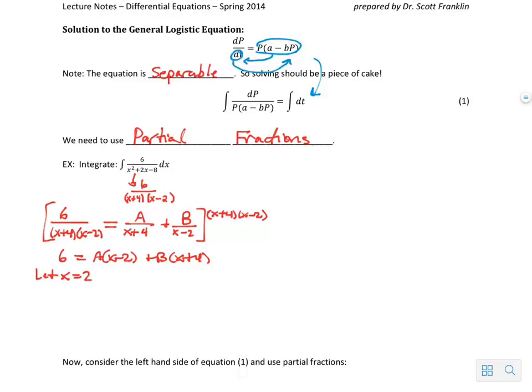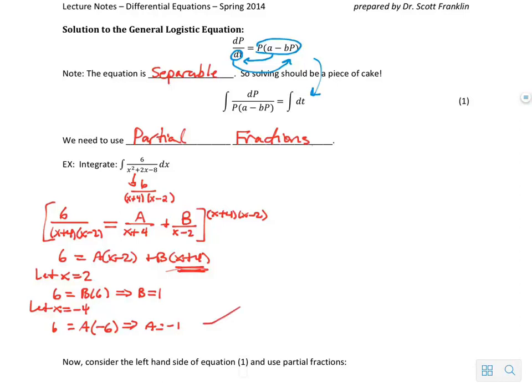It zeroes out the A. 6 is equal to B times 6, so B has to be 1. What if I let x equal negative 4? 6 has to equal A times negative 6, right? And then plugging it in over here gives me 0, so it zeroes out the B term. So A has to be negative 1.